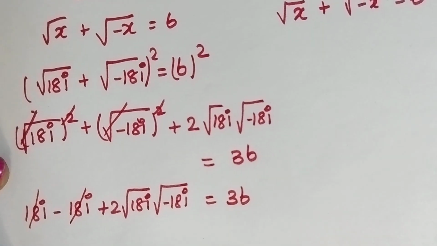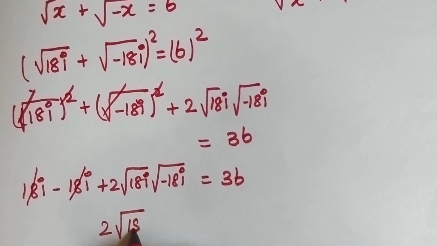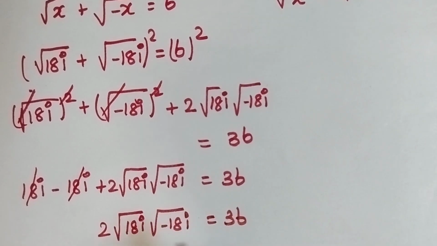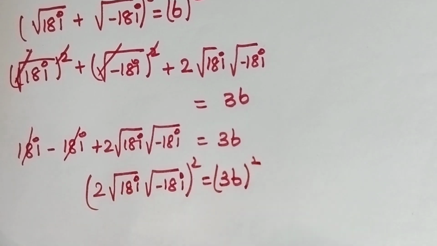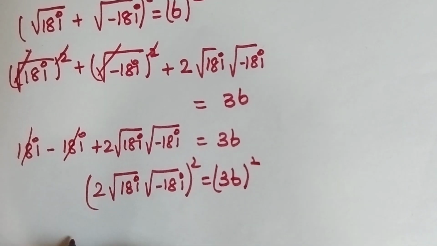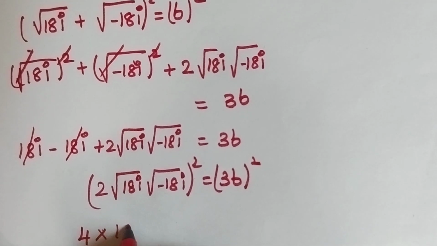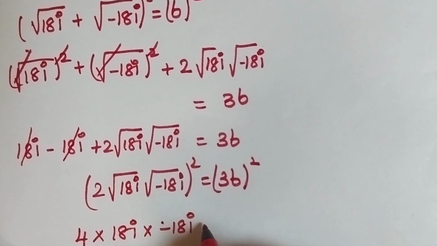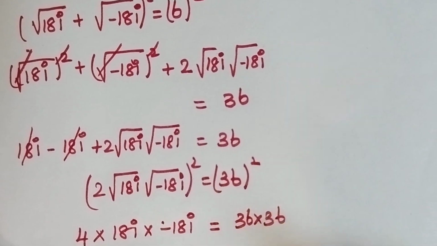So both get cancelled. So in order to remove this root, what do I have to do? I need to take square on both sides again. So this becomes 4 into 18i into minus 18i which is equal to 36 into 36.